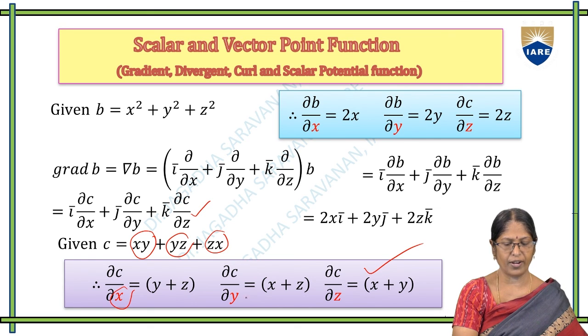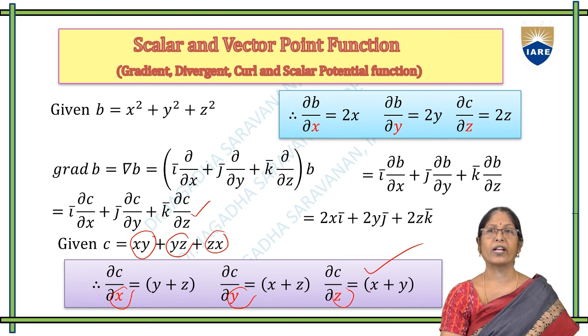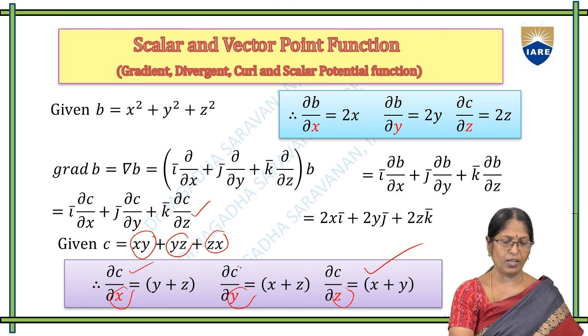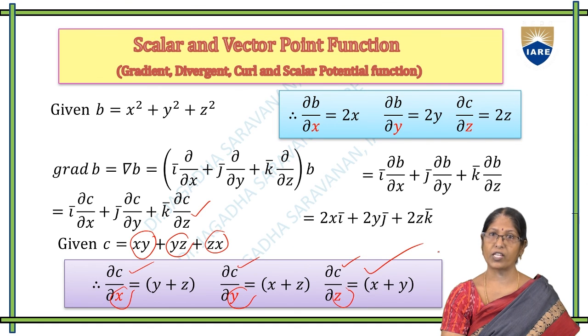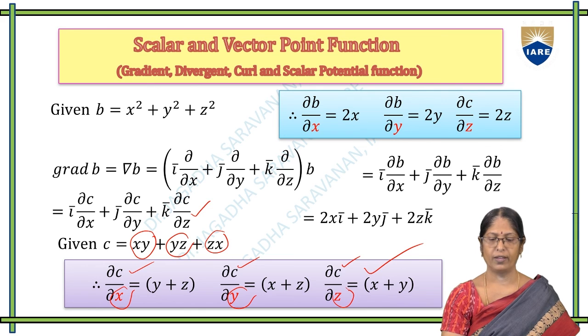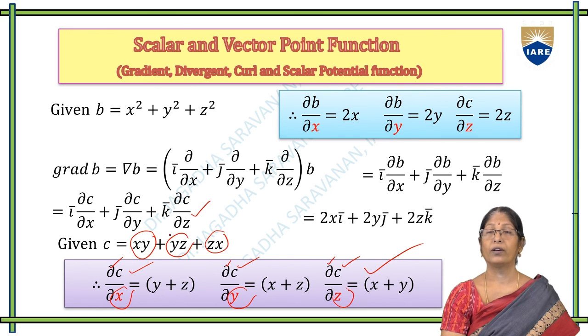Here the color is kept to understand the level more: x, y, z are in red color. That is, we are going to partially differentiate the C vector with respect to x, y, z. The symbol it denotes is not a differentiation, it is partial differentiation.